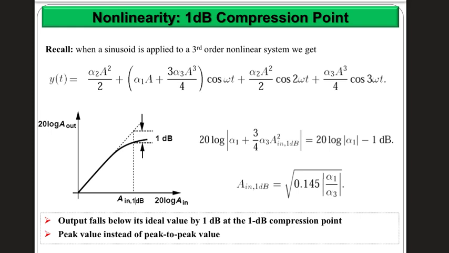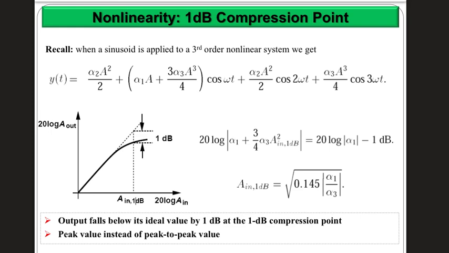So if your input increases beyond a certain value, typically in volts, then your output is going to saturate. So at that point, saturation reaches 1 dB. That's the point after which you cannot put an input to this amplifier and assume that it will work as desired.